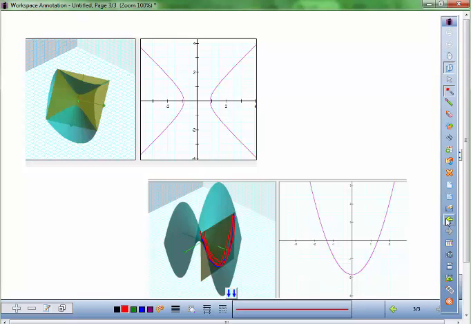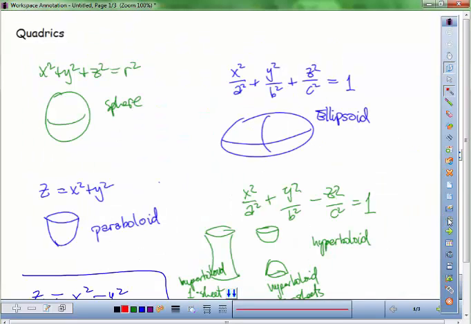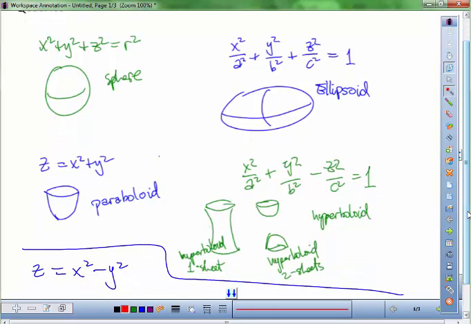So now that you know all these surfaces, all that's left for you to do is do your homework. And, yeah? 13.1, there's like an intersection of the sphere and something else. 13.1?